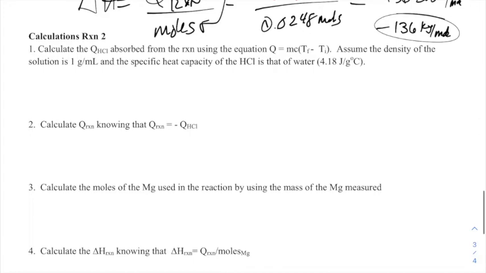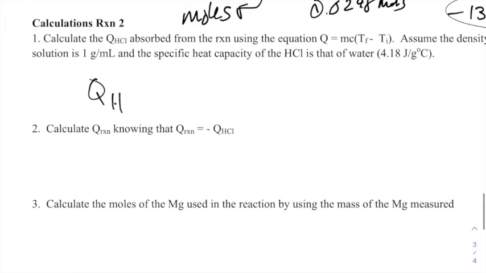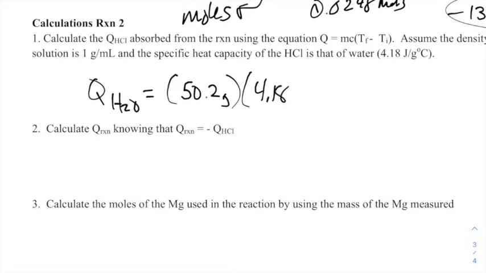So let's walk through the calculations the exact same way. The Q of the water calorimeter solution is going to be 50.2 grams, the 50 grams of the hydrochloric acid and the 0.2 grams of the magnesium, times 4.18 joules per gram degree Celsius. That is the specific heat capacity of the mostly water. Not quite true, but close enough.